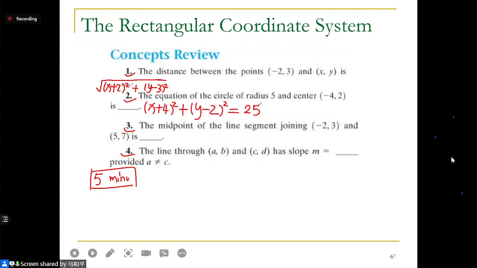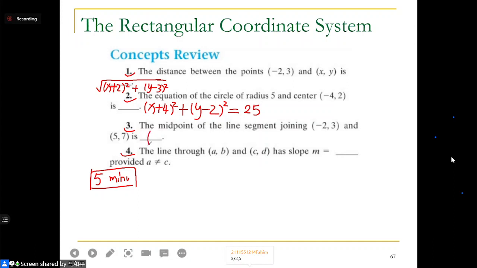Maybe you can explain to them how to get the answer. And the third one: the midpoint of the line segment joining (-2, 3) and (5, 7).